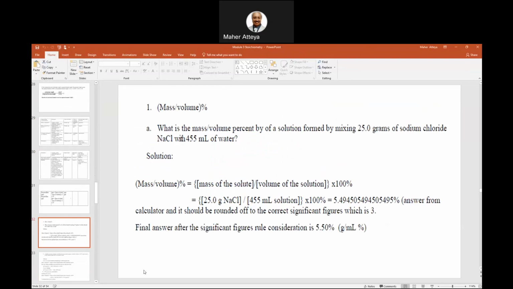The first example is mass over the volume. What is the mass volume percent of a solution formed by mixing 25 grams sodium chloride in 455 milliliters? Now you have to know the units, believe it or not.